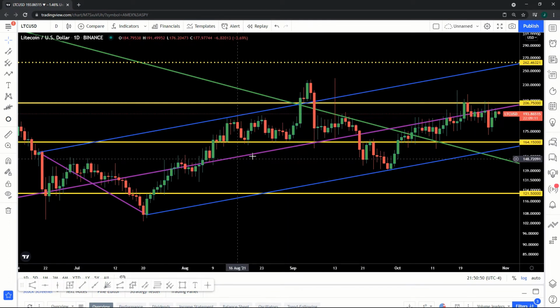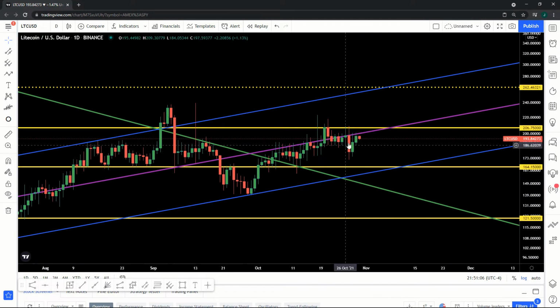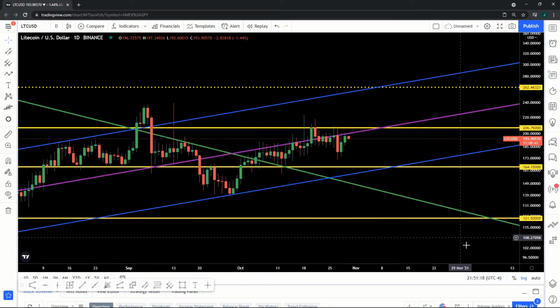The purple line represents where price is more traded at, and the bottom blue is support. So we have support here, we have support here. Right now, price is right below the purple line, and it's more on the downside of this pitchfork rather than on the upside.